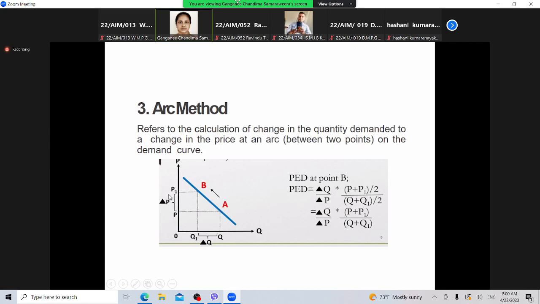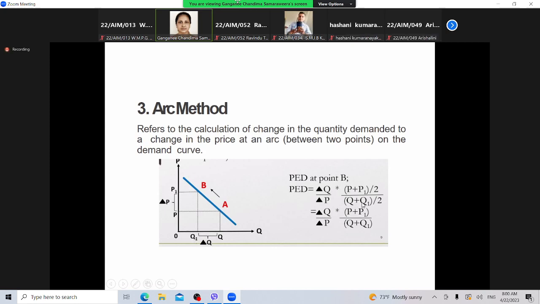We have to add these two and divide by 2 to take the midpoint in the arc method. Here also the quantity Q1. See, price increased from P to P1, and quantity decreased from Q to Q1.